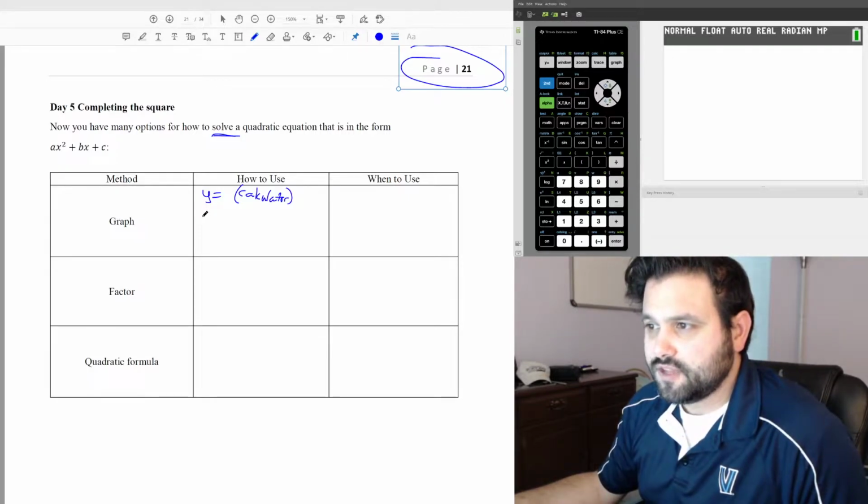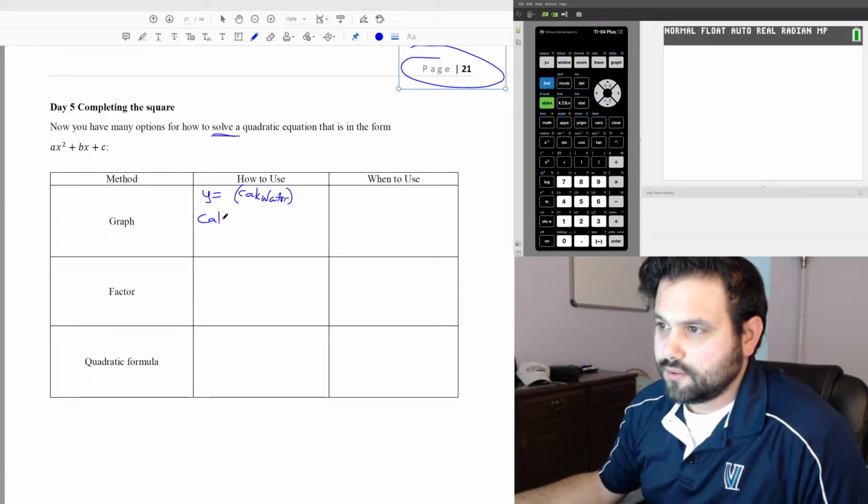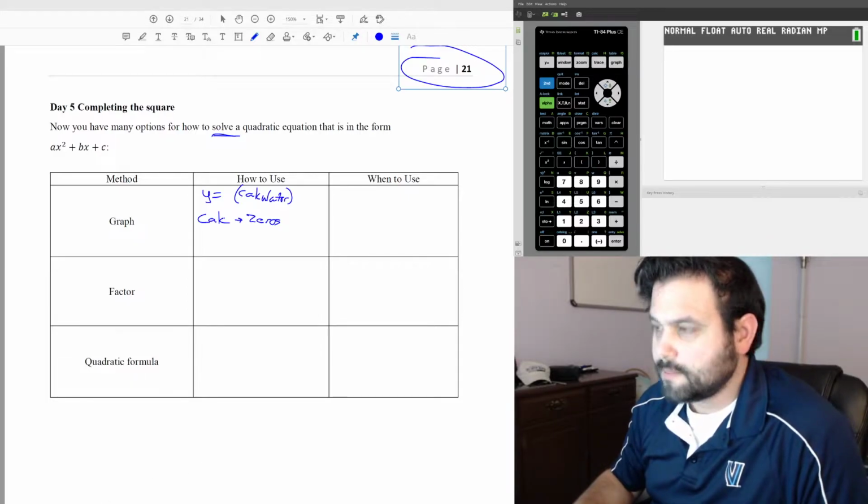So remember, we can calculate on the calculator, and I will bring up the calculator just real quick.